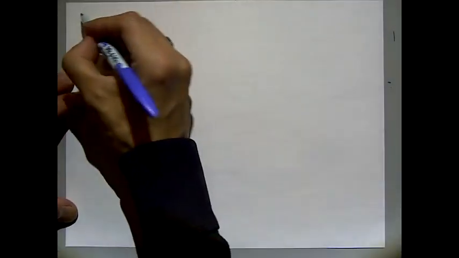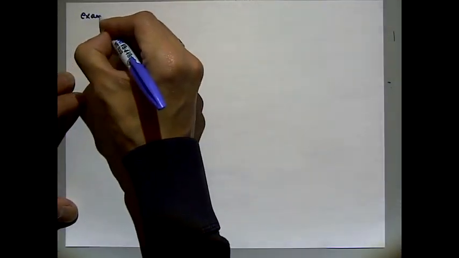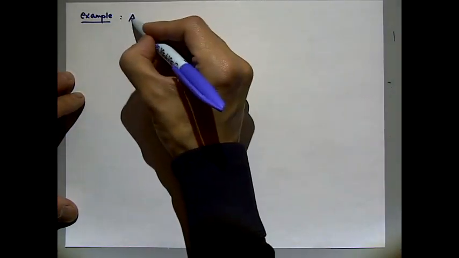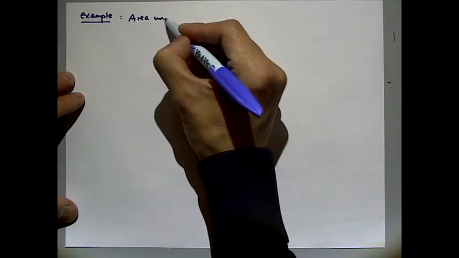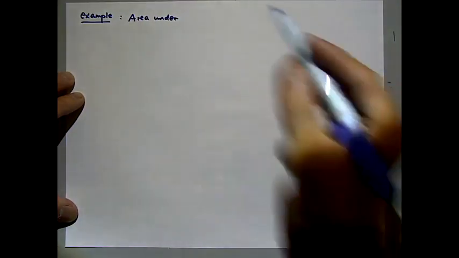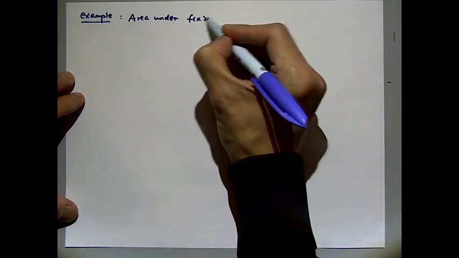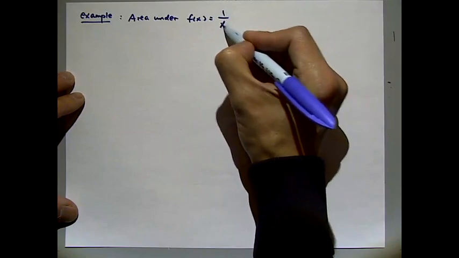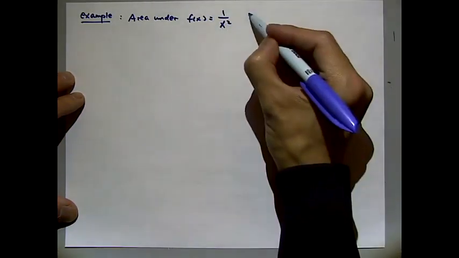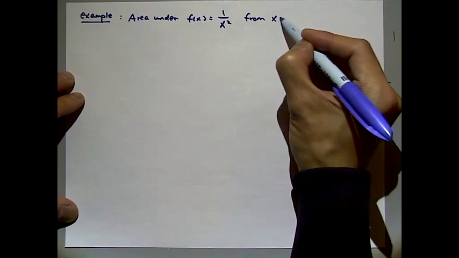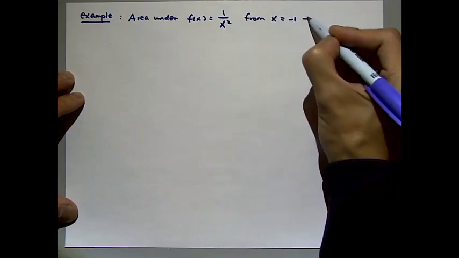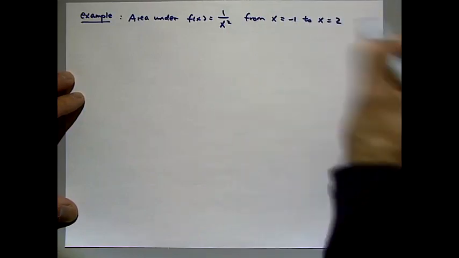And you can see it ends up being quite a mess. Let's find the area under f of x equals 1 over x squared, from x equals minus 1 to x equals 2.